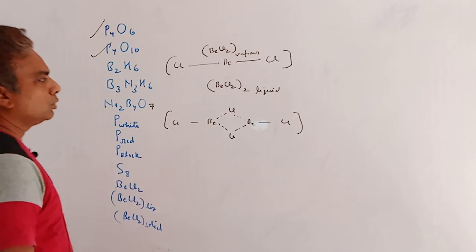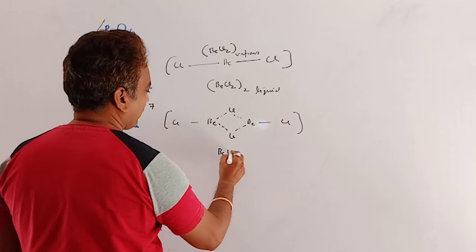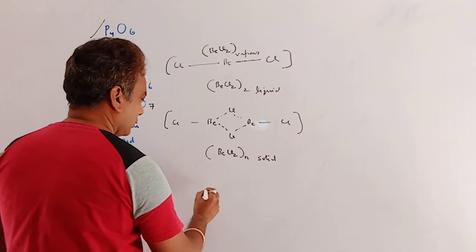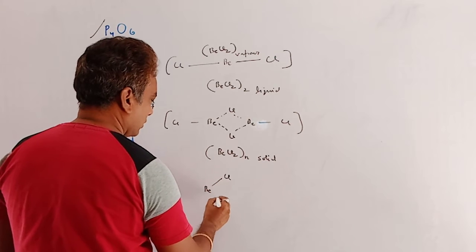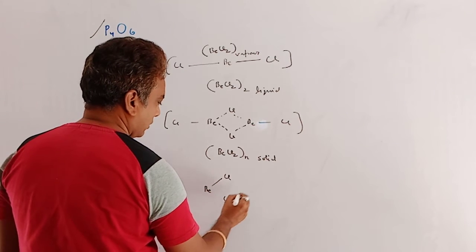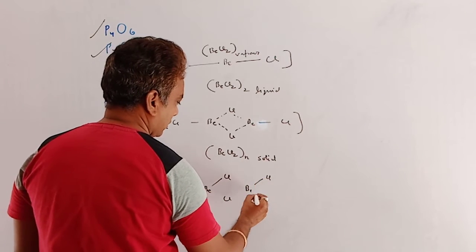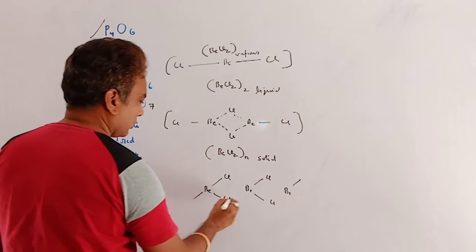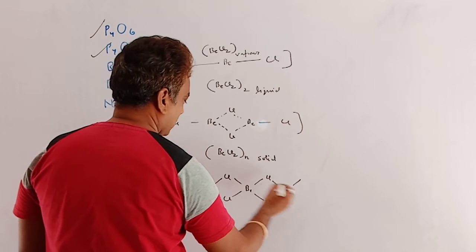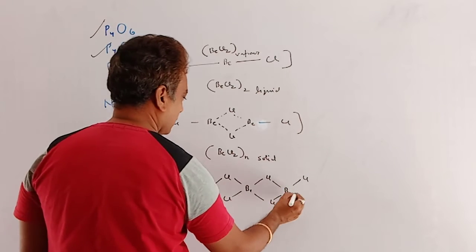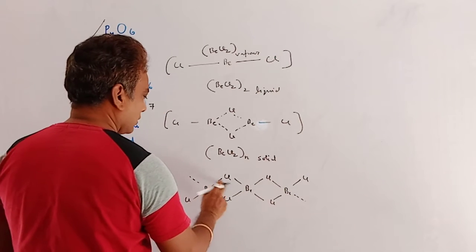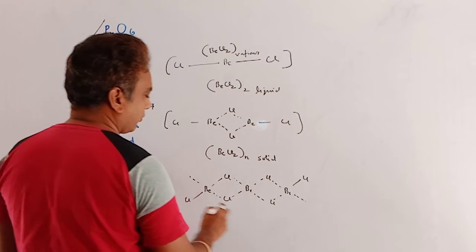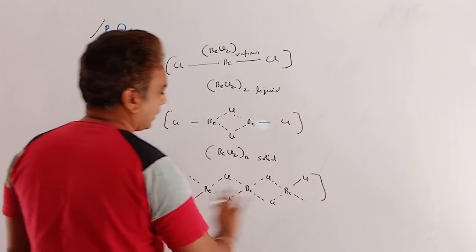And BeCl2 solid, whole N, solid, each is a bridge bond to complete the octet of Be, a linear linked structure.